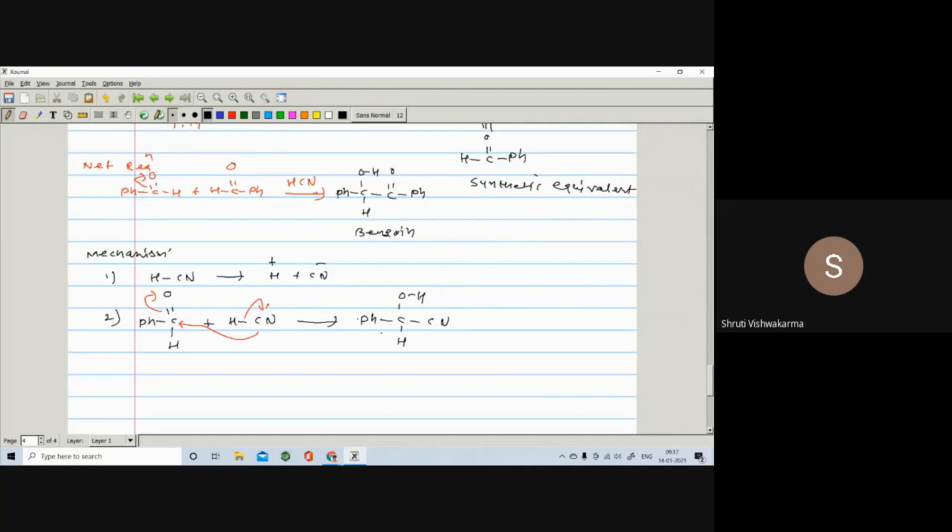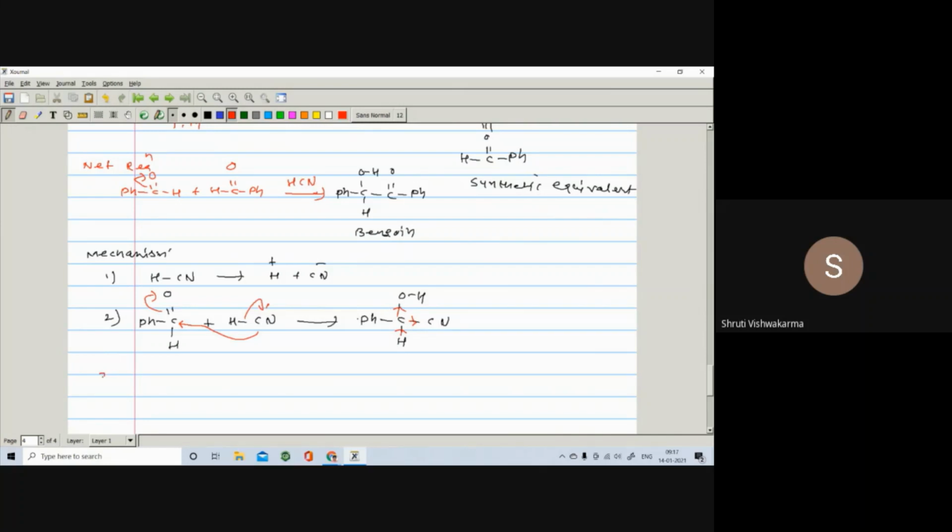Here you find that the carbon is directly attached to CN and OH, and both are electron withdrawing groups. As both are electron withdrawing, the electron density between this H and carbon will be pulled towards this carbon.